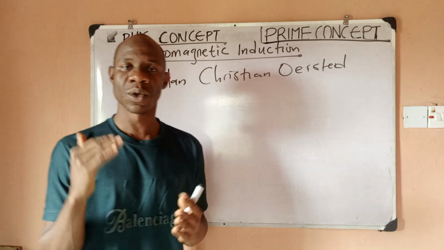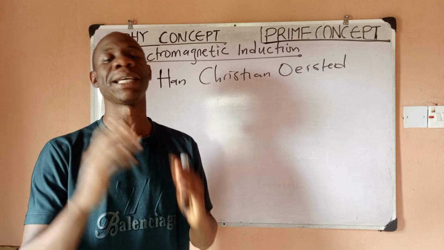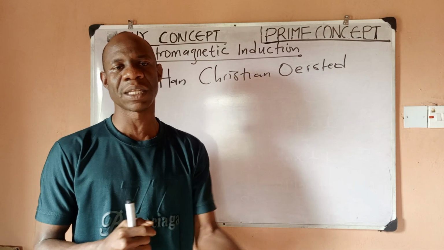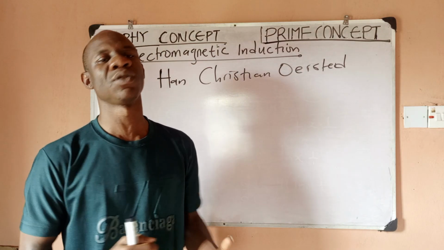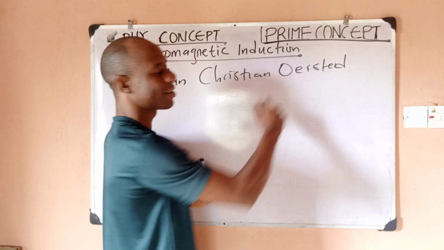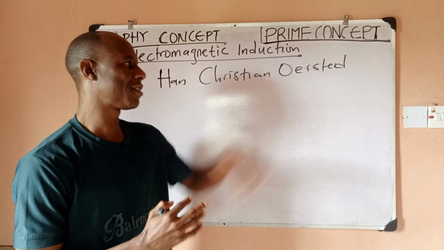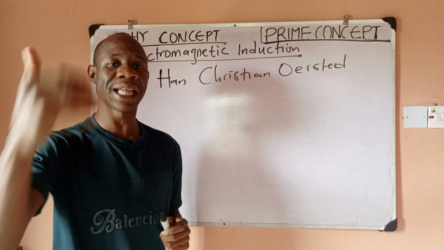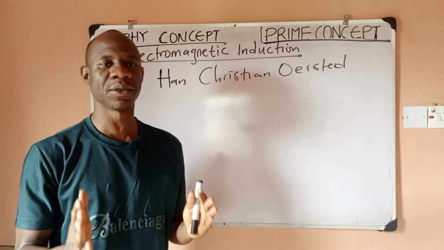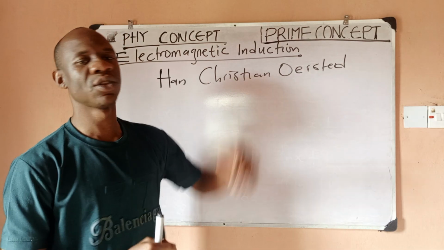In a simple way, when current flows through a conductor, it begins to behave like a magnet, so that when you bring any metal around that conductor, it will be attracted to it. Oersted summarized his experiment by telling us that electricity creates a magnetic field. That is what he told us.